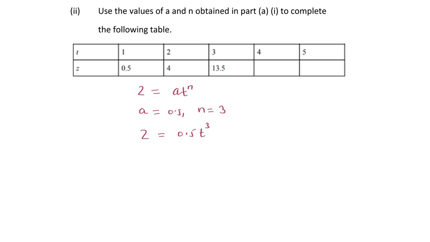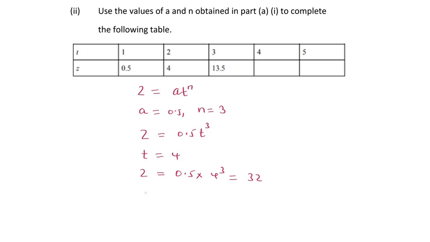To complete the table, let us substitute t equals 4 and t equals 5. We are going to start with t equals 4. Then our equation is going to be z equals 0.5 times 4 to the power 3, which after solving, we are going to have z equals 32.